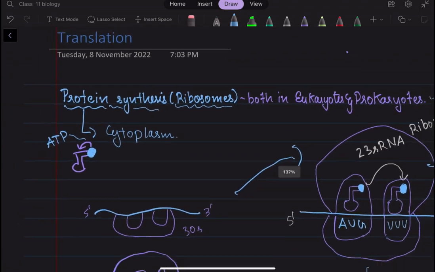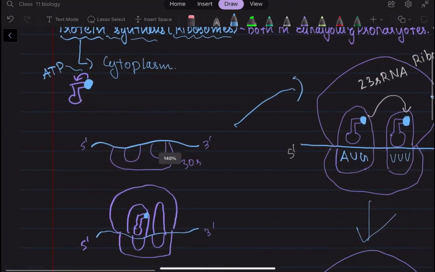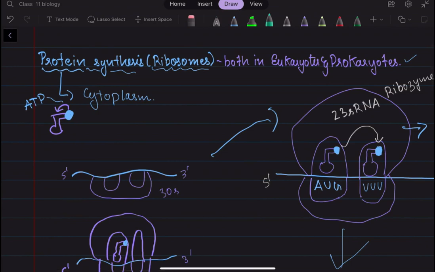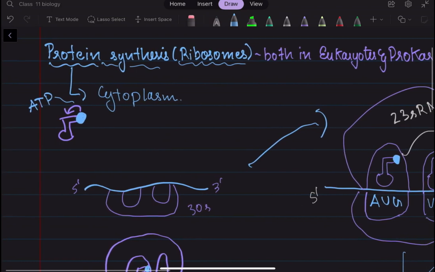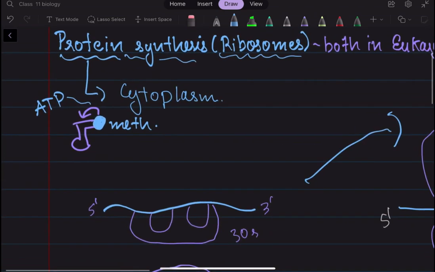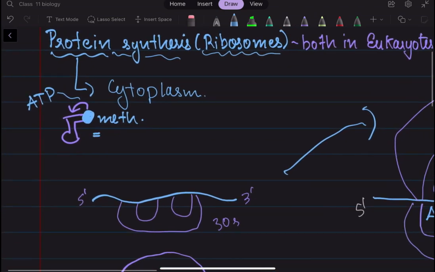So we know that the initiator codon in the mRNA will always be AUG. Corresponding to that, the tRNA carrying methionine is called the initiator tRNA.